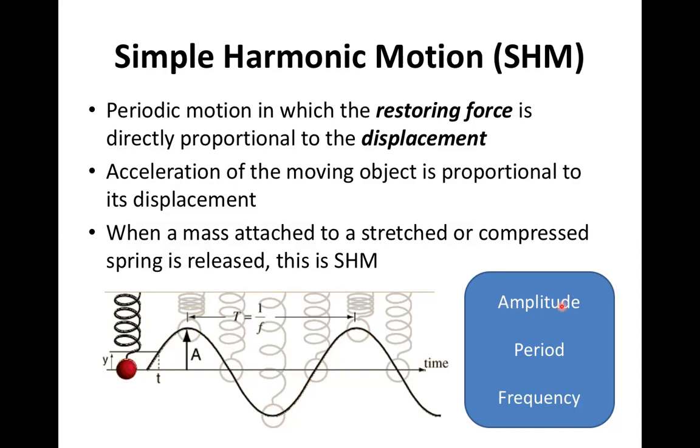So the amplitude, period, and frequency of these cycles will be constant over time. This type of motion occurs when there's a restoring force that's directly proportional to the displacement. That occurs in this case because maximum compression is when we have maximum force downwards, and maximum stretching is when we have maximum force upwards.